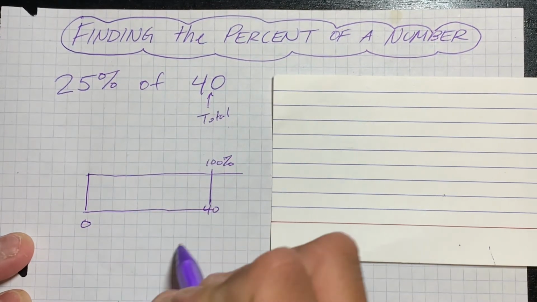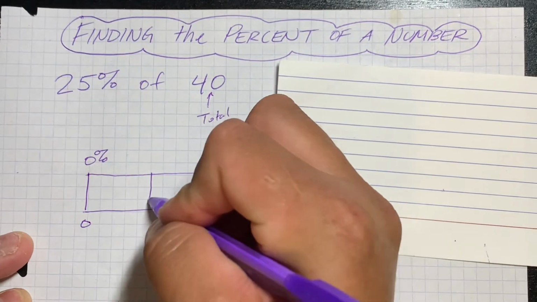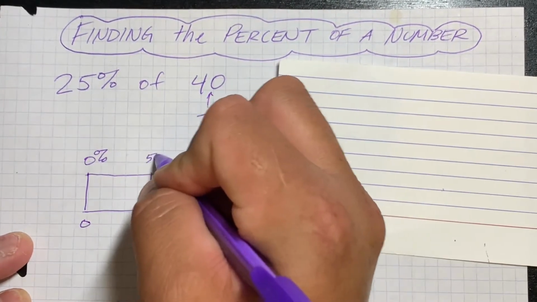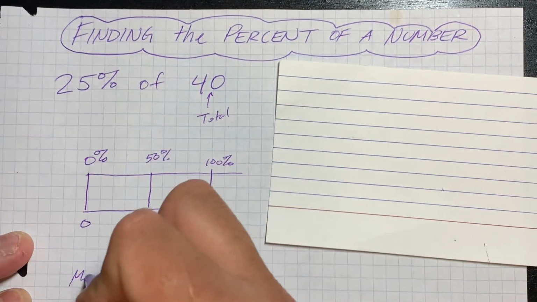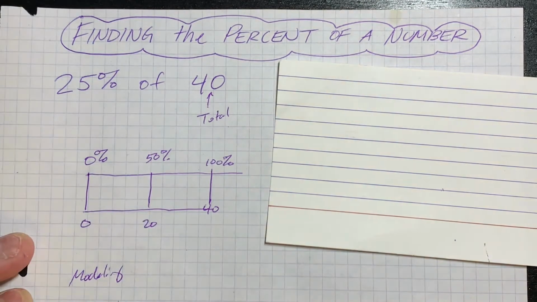Here's 0, there's 40, so this is 0%. Half of 40 is going to be 20, so that's 50%. So we're modeling this problem right here, 25% of 40.